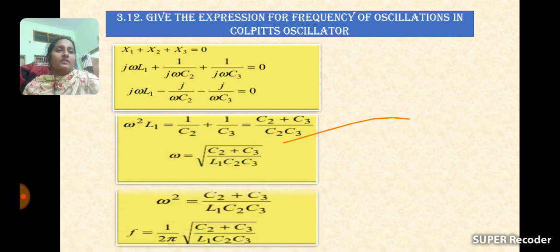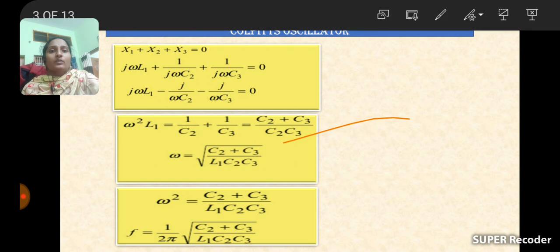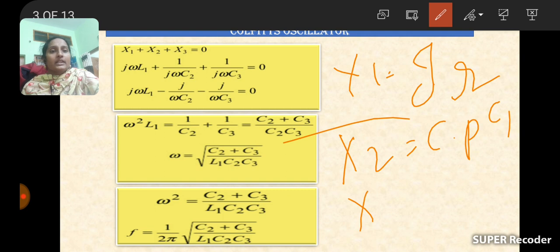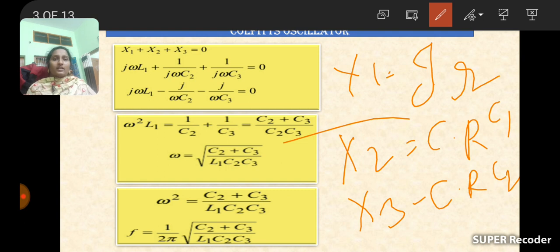X1 indicates inductive reactance, X2 indicates capacitive reactance of capacitor C1, and X3 indicates capacitive reactance of C2. The total reactance in the circuit is equal to 0 to calculate the frequency. Why? Because the total phase shift around the circuit is equal to 0.